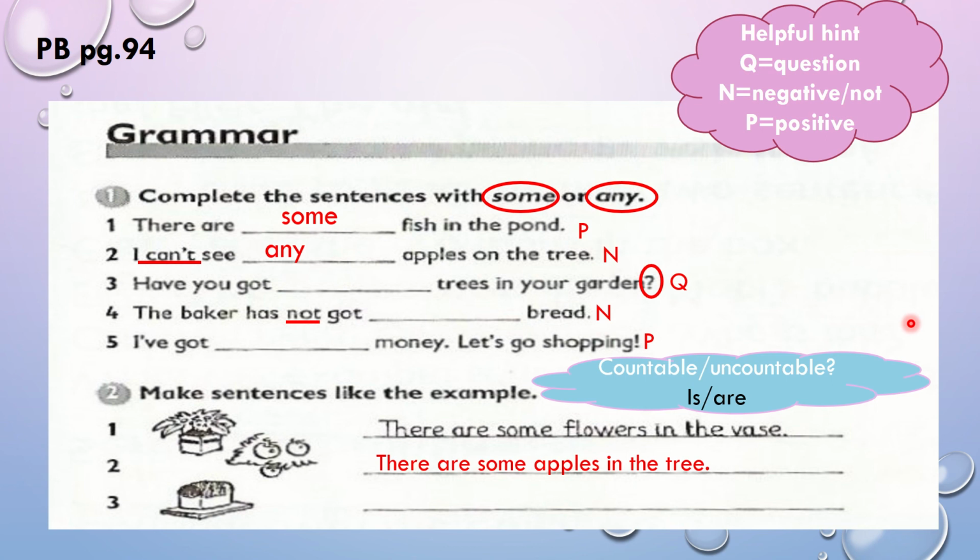There are some apples in the tree. Here we see the tree with the apples. Question number 3, we see bread. Please make a sentence with bread. There is or are bread.